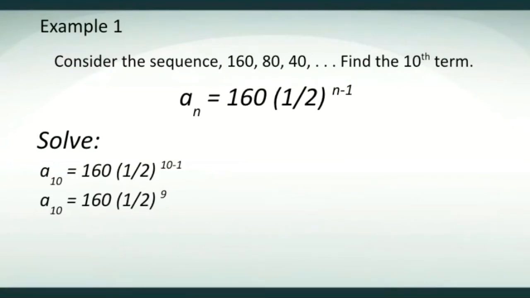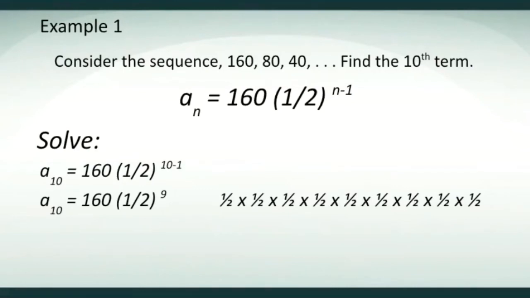I calculated it. What is the concept? You have to apply the power to the whole fraction, not just the denominator. Another explanation: it means 1/2 will be multiplied by itself 9 times.